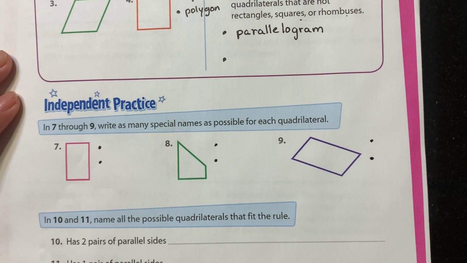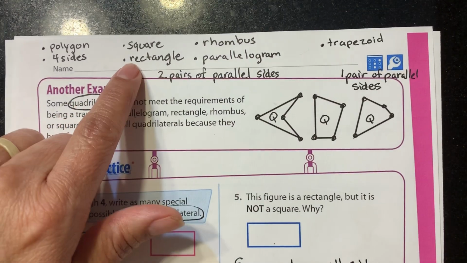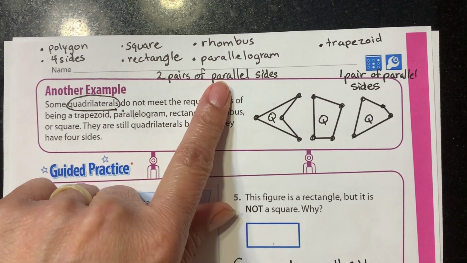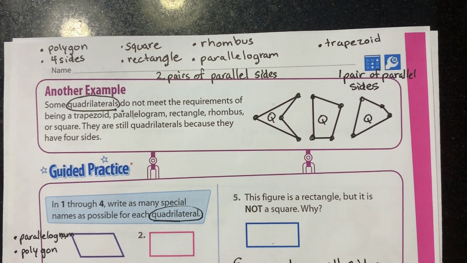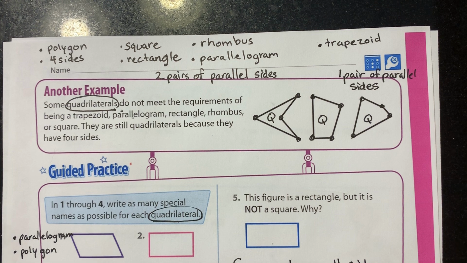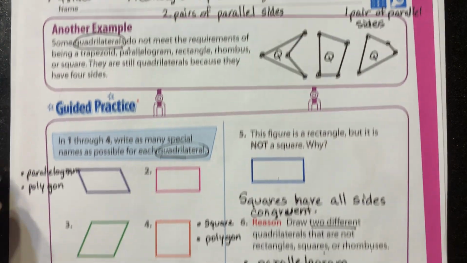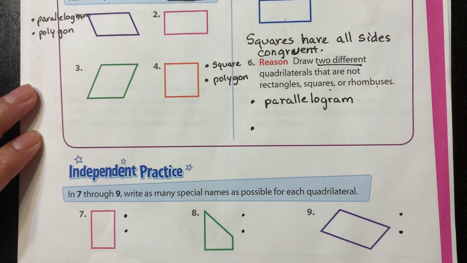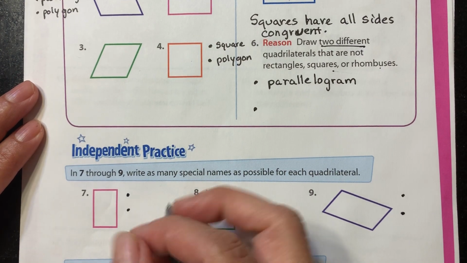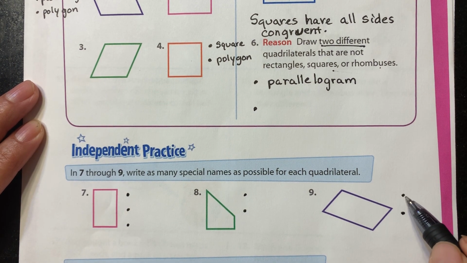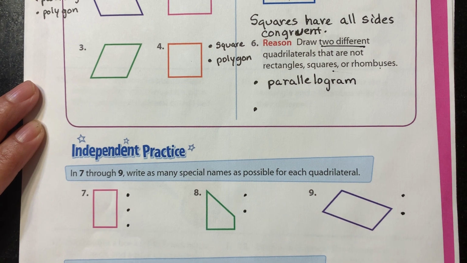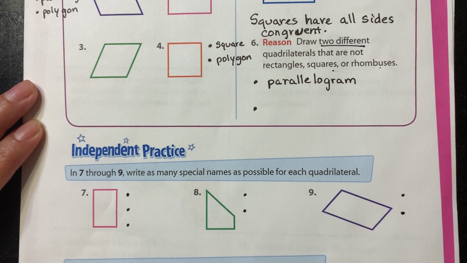Some of these, because they have two pairs of parallel sides, can be parallelograms as well. So they can be quadrilaterals, parallelograms, and then their special name. And one last thing, it could be a polygon. So on some of these, for instance, number 7, it can have 3 special names. And on number 9, we'll put 2 because this one already is a parallelogram.